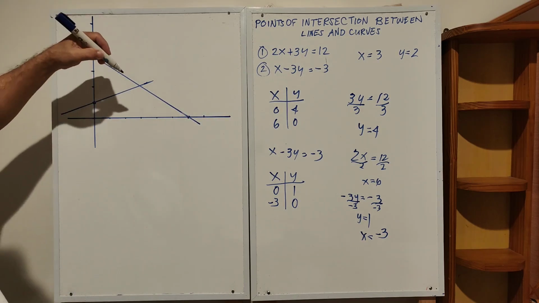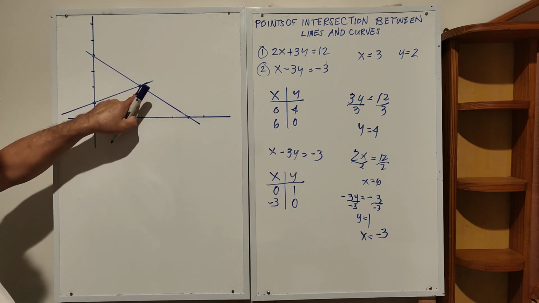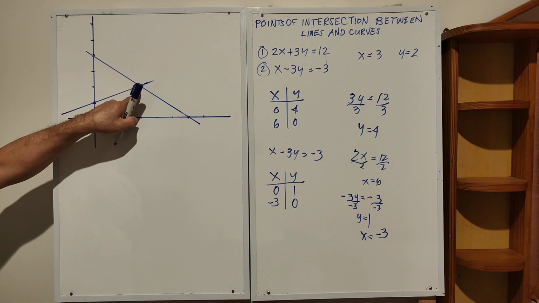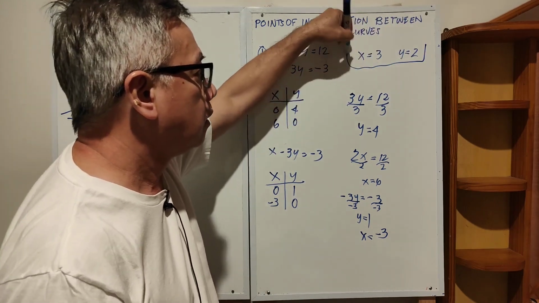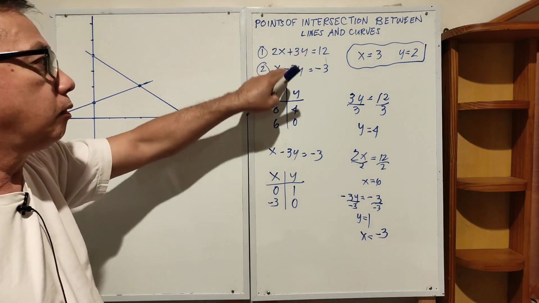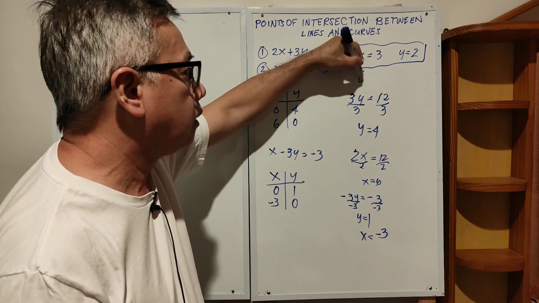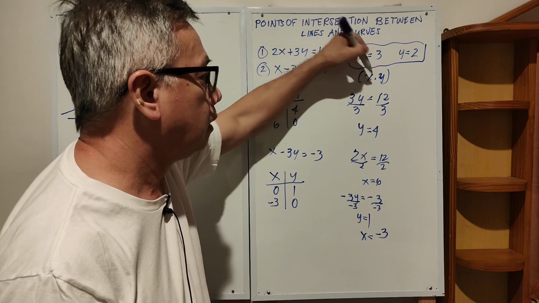Now what's interesting is the point of intersection of those two lines will be what we found in here. So solving for the x and y of two equations, you will find your x and y.